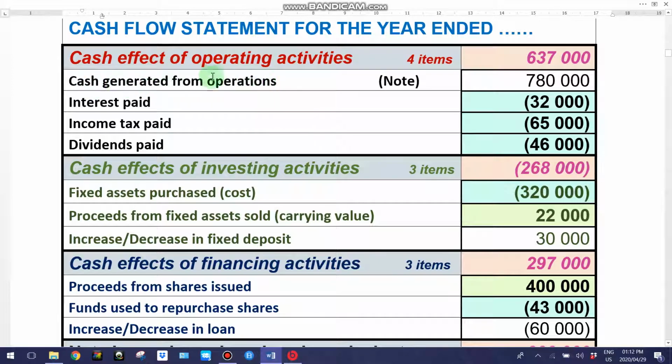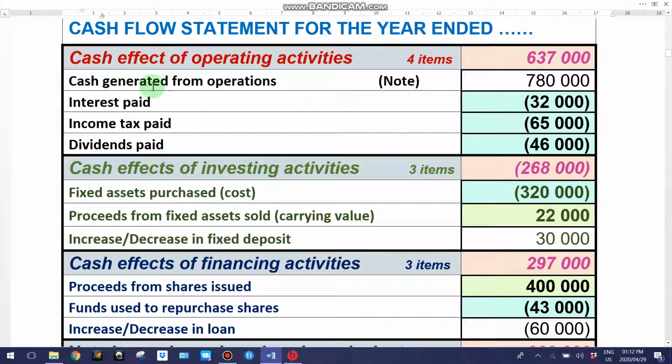The cash generated from operations is normally a note to the cash flow statement. We will look at that note in greater detail at the end of this discussion here. And the amount that we get here, I've also inserted random amounts here just to show you where we put the amount and what's the significance of those amounts.